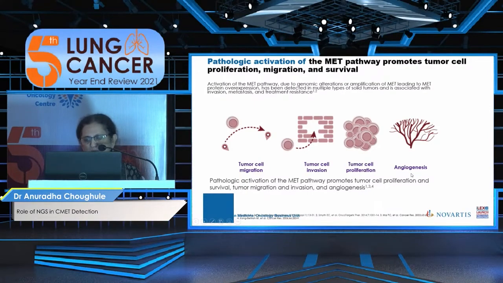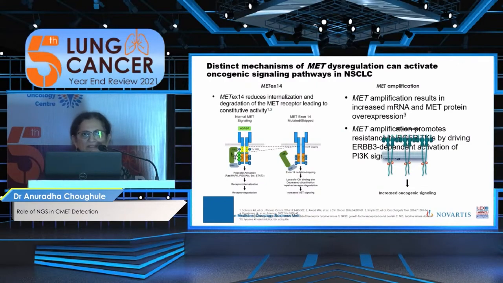And what is the distinct mechanism of this MET dysregulation? You can see it over here. In the normal situation, when there is a binding of the ligand, the hepatocyte growth factor, with the MET receptor, you see receptor activation, receptor internalization, and receptor degradation.